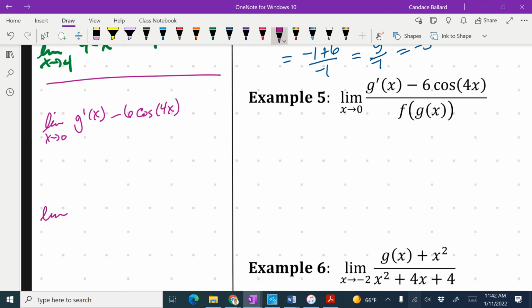And then we also have the limit as x approaches 0 of f of g of x. Okay. I want you to try to plug in your 0 and try to figure out those limits on your own. We all know what the answer should be, but see if you can get to that answer on your own. It's been a while since we've done a few of those things.